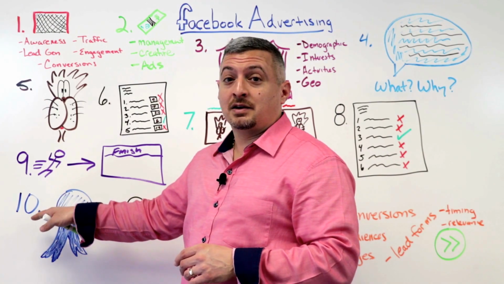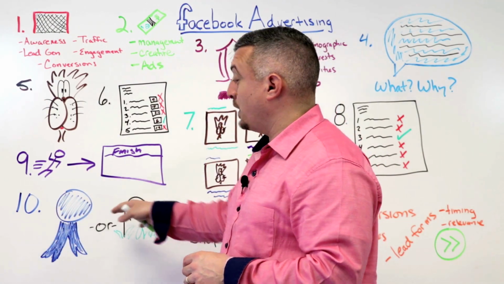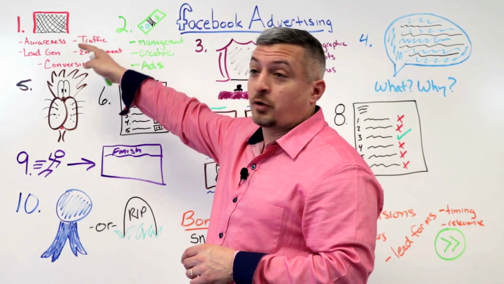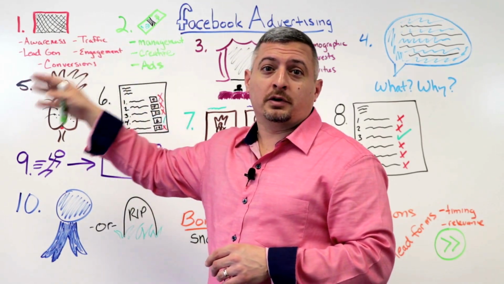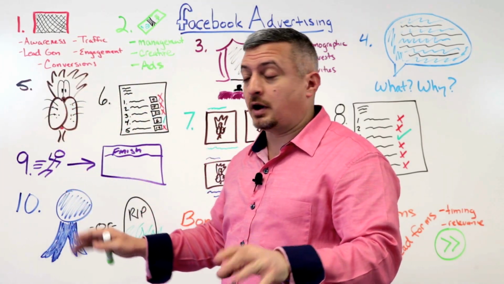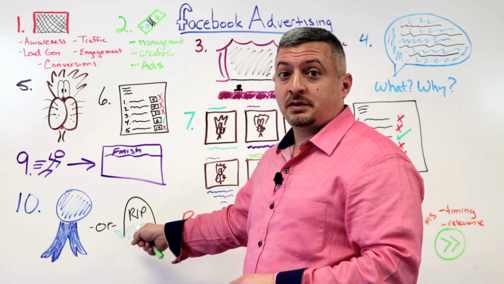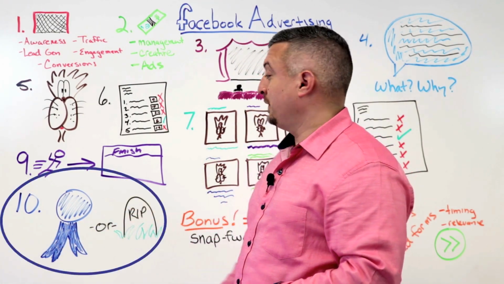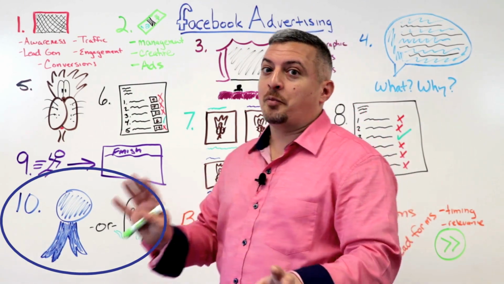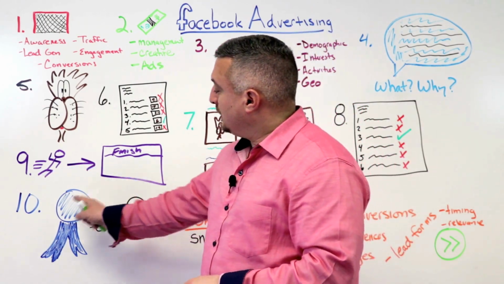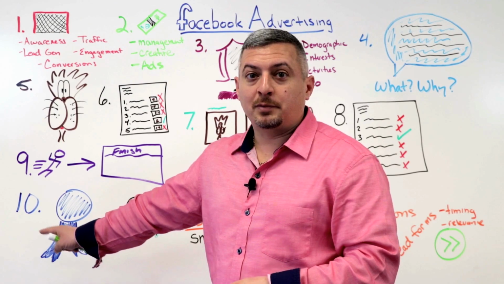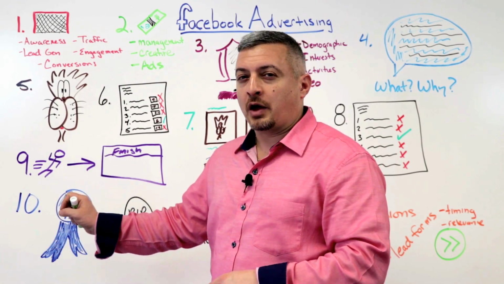So number 10 here is, we have to evaluate what happened. Based on our goals, were we driving traffic? Were we trying to generate sales, leads, whatever we were trying to do? Was it a winner? Or should we put that one to rest and come up with a whole new idea? Now, hopefully, if this was all planned out properly, even if it's not a first place blue ribbon type ad, we learned a lot from it.